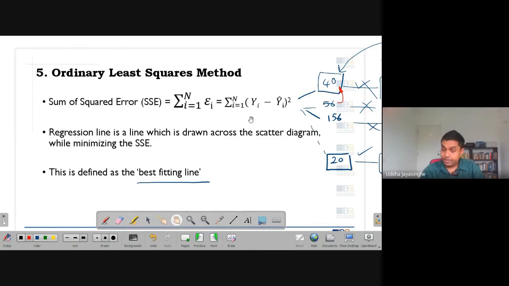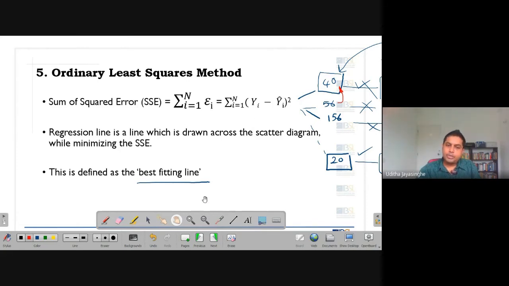But bear with me, sometimes with different software, SSE is not the only method to draw the best fitting line. There are many other optimized methods also, and some are better than SSE. So depending on the software, we can't merely say that the line it is drawing is based on SSE. But the simple idea is that you minimize the errors, and that is going to be the best fitting line for any of these OLS methodologies.